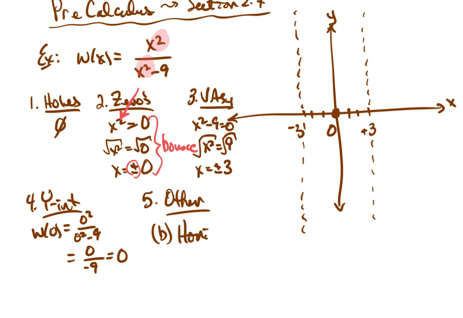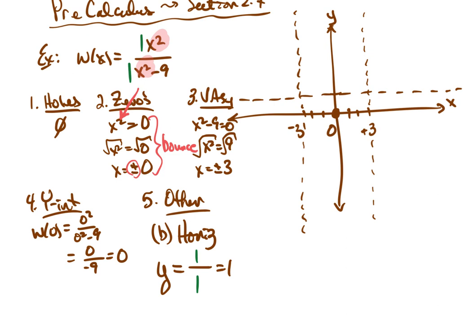In that case, we're going to have a horizontal asymptote at y equals the lead coefficients. Lead coefficient means the number in front. The number in front of the biggest power up top is 1, and the number in front of the biggest power down below is 1. So our horizontal asymptote is going to occur at y equals 1 over 1, or 1. So our horizontal asymptote would be at 1.